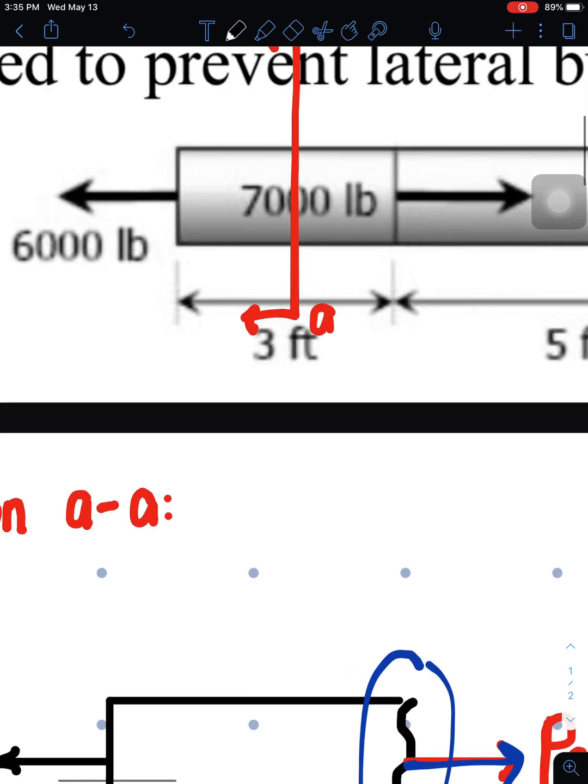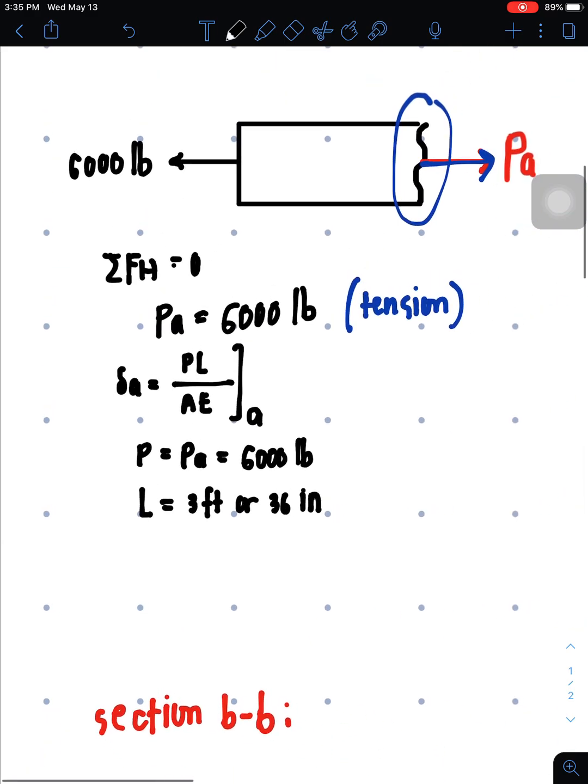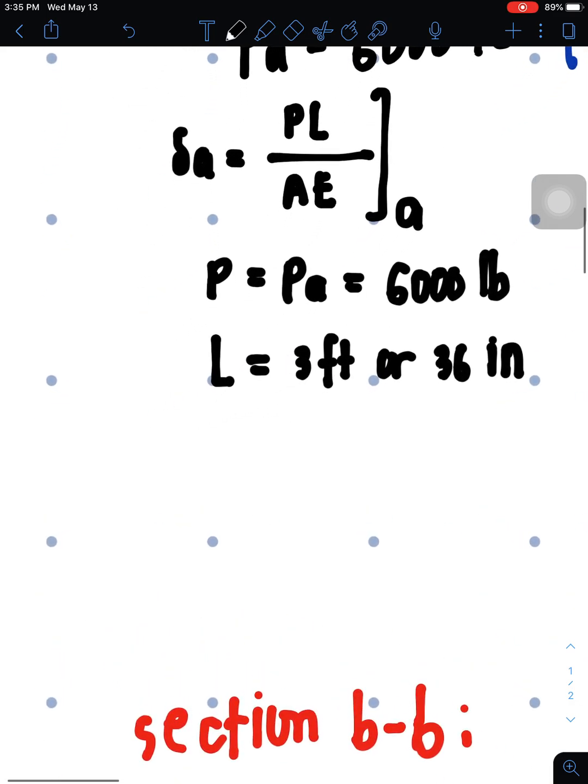As you can see, this is 3 feet, or 36 inches. I converted it to inches because the modulus of elasticity is in pounds per square inch.